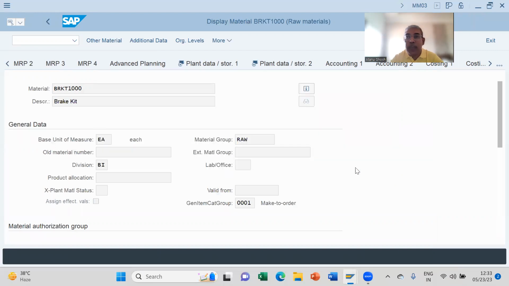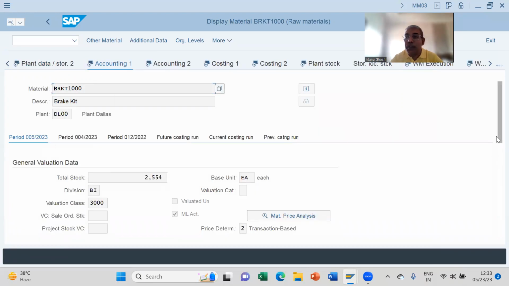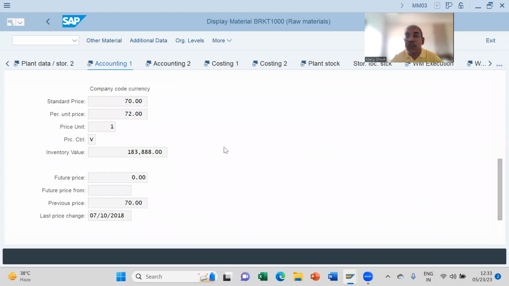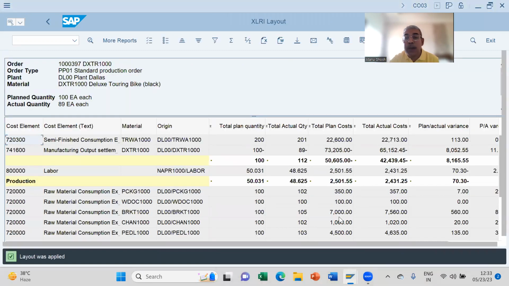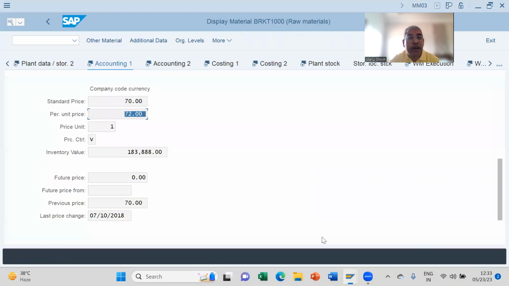When you go to the accounting view of BRKT, you see that the moving average price is 72 rupees. But if you multiply 72 rupees by 100, that will not be the planned cost. The planned cost is not 7,200, it's 7,000. Why? Because 72 is the current moving average price. When the standard cost estimate was done, the moving average price was different, and that is usually recorded here as the standard price.